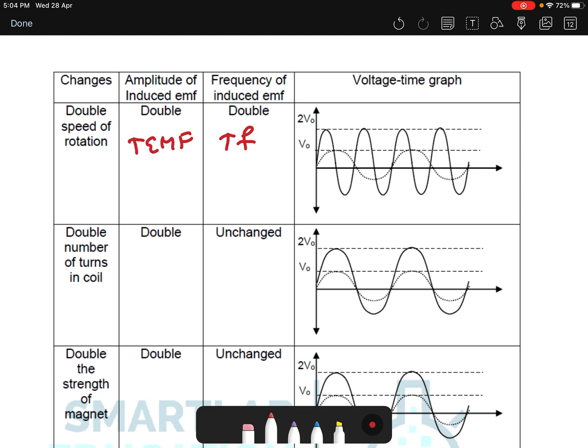So in order for frequency to increase, your period must decrease, right? Because we know that frequency is equal to 1 over T. So you see that your new EMF wave, the period will become shorter.